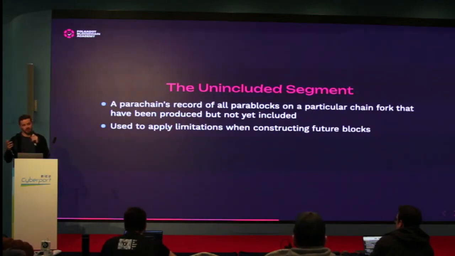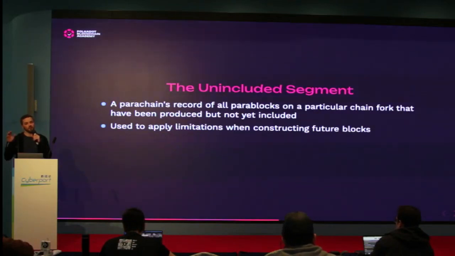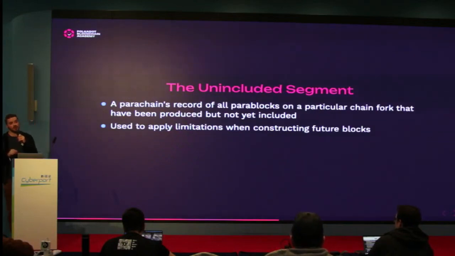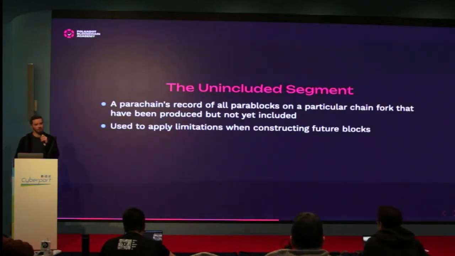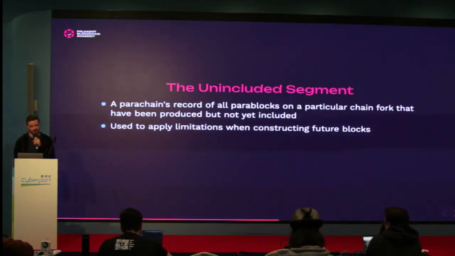So as a parachain, we want to be conservative, and we want to make sure that we don't send so many messages so quickly that they start being dropped. Now, if you're building multiple blocks on top of each other, which have not been seen and included on the relay chain, then we have to do some of the bookkeeping ourselves as collators, and actually backers need to do some of this bookkeeping off-chain as well to make sure that we are not exceeding, for instance, queue sizes.